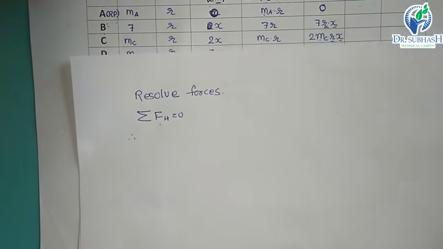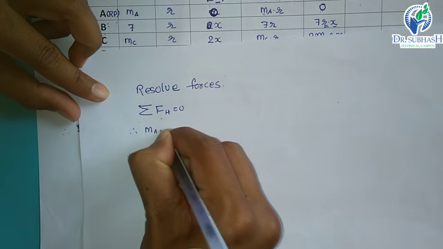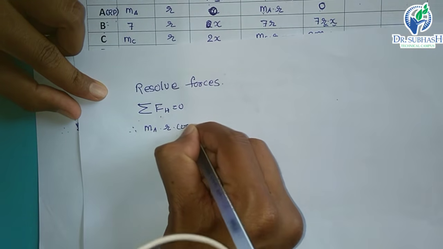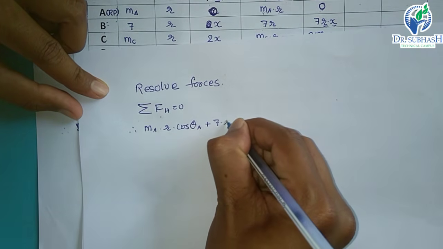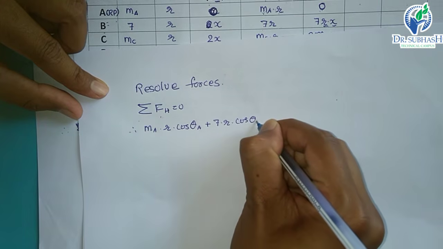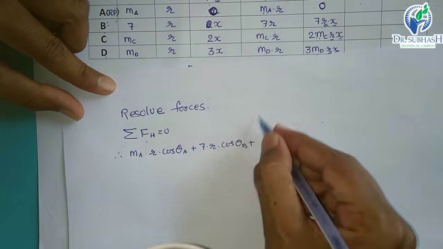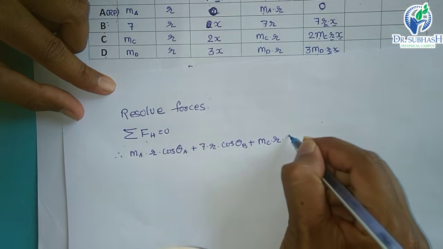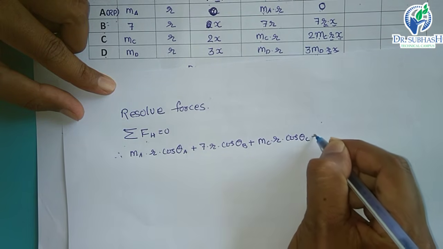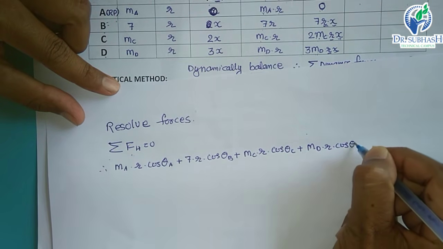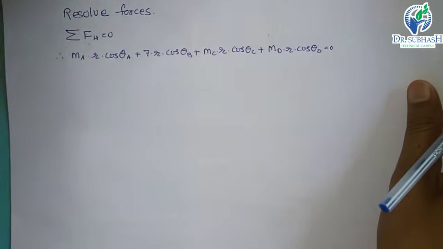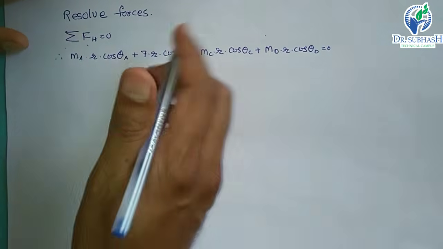Okay, so here the first value will become MA into R cos theta A plus the second value is 7R, so 7 into R into cos theta B plus mc into r into cos theta c plus md into r cos theta d is equal to 0. So now we have the value of cos theta.